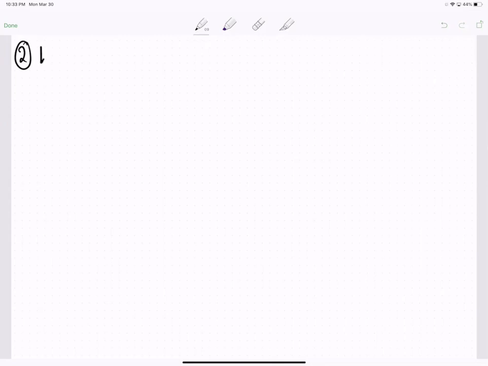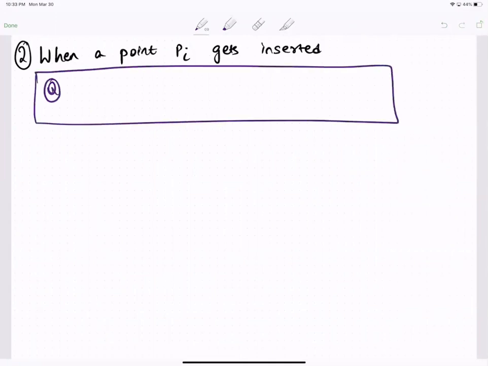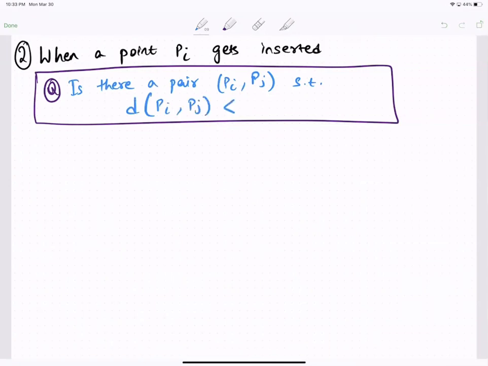When a point pi gets inserted, we want to ask the following question: is there a pair pi, pj such that the distance between pi and pj is less than alpha?